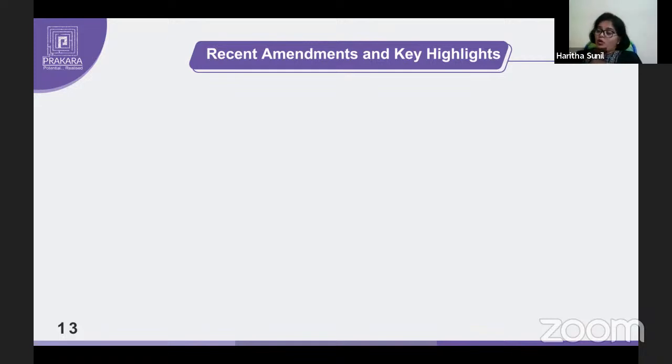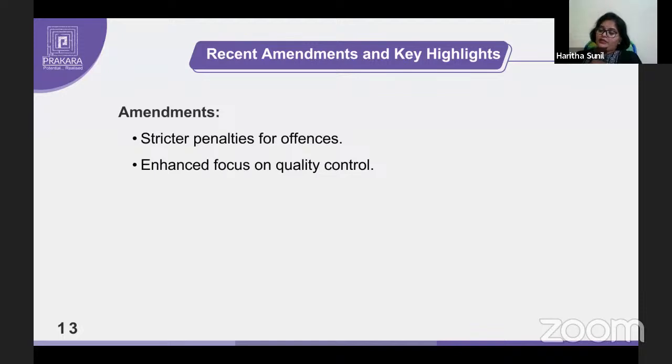So the first amendment is stricter penalties for offenses. If you are not following good manufacturing practices, or if you are importing drugs without a proper license, all these are called offenses, and the penalties for these offenses have become very strict nowadays, which is considered one of the amendments.